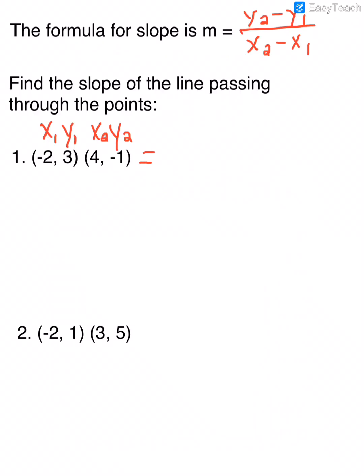So if my slope formula is y sub 2 minus y sub 1, my y sub 2 is negative 1 minus my y sub 1, which is 3, over x sub 2, which is 4, minus x sub 1, which is negative 2.